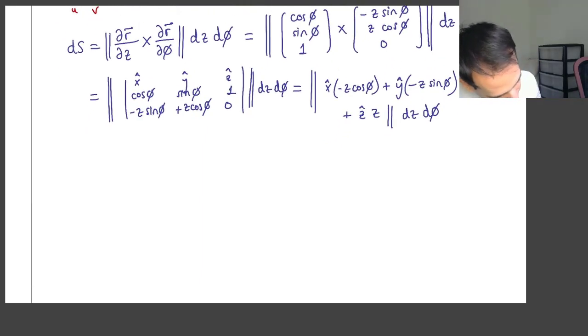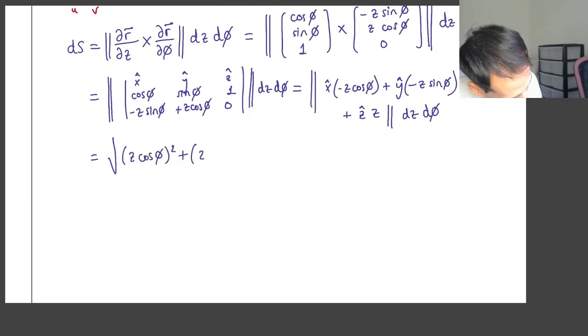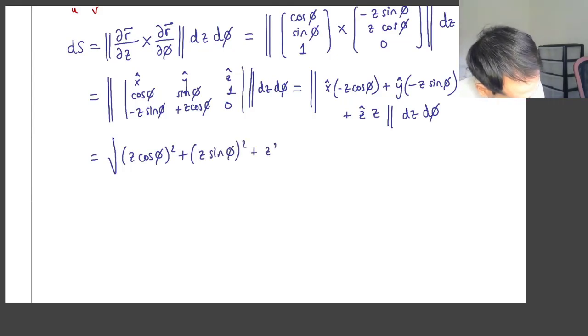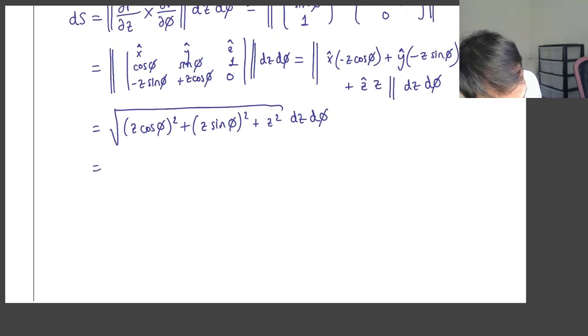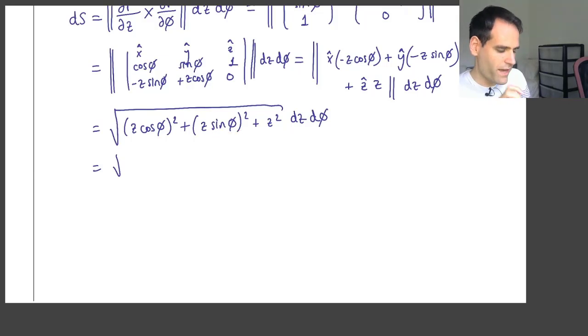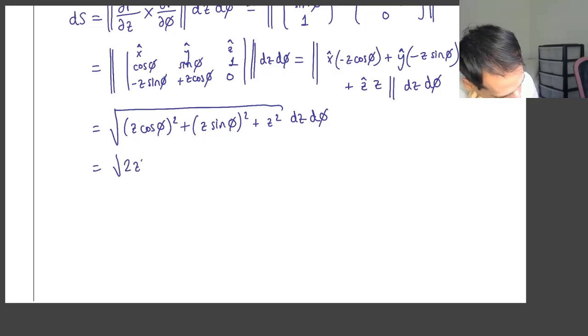To calculate the norm of the vector, we need to do the square root of the components squared. And now the negative signs actually didn't matter because we are doing the squares. So then once again we have that cosine squared plus sine squared will simplify to 1, so we will get z squared plus z squared, so we get 2z squared dz d phi.